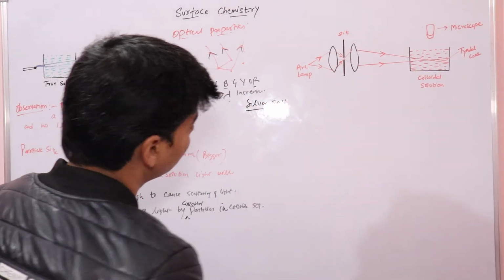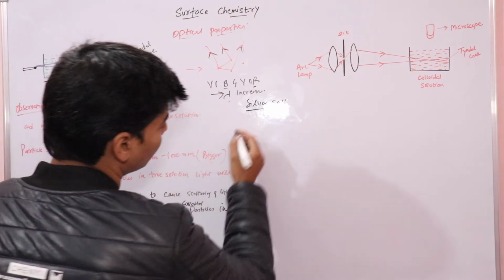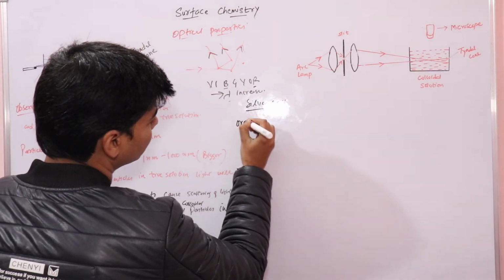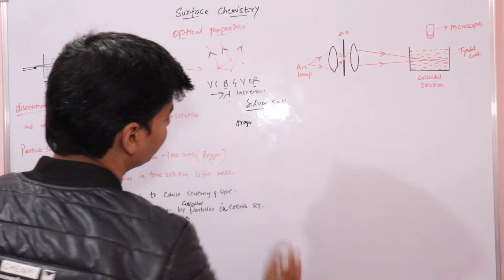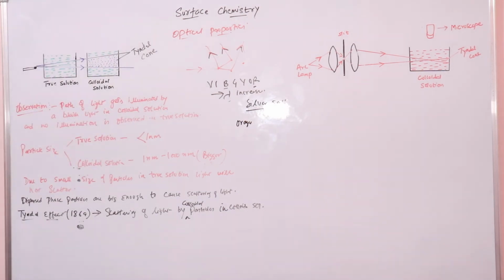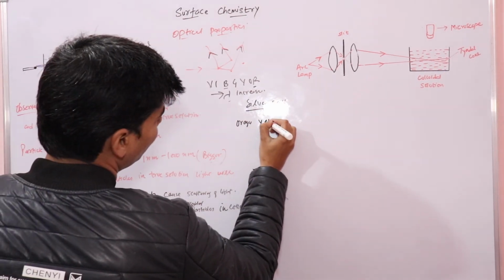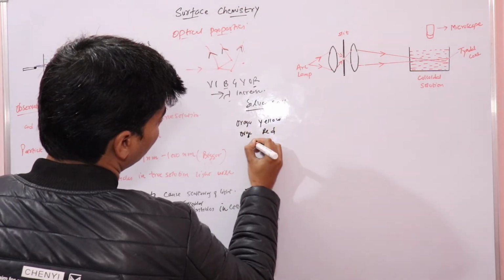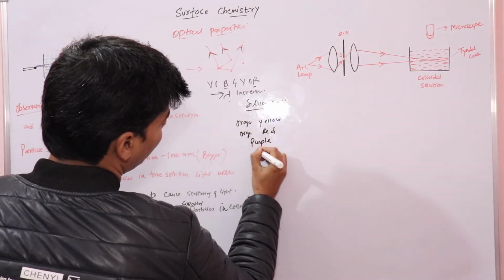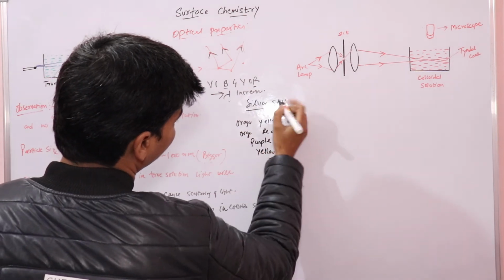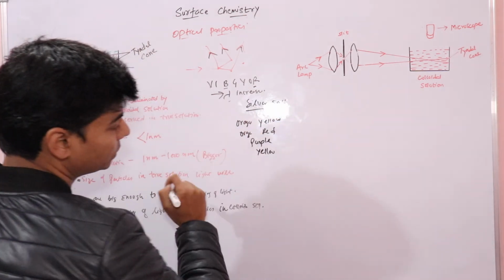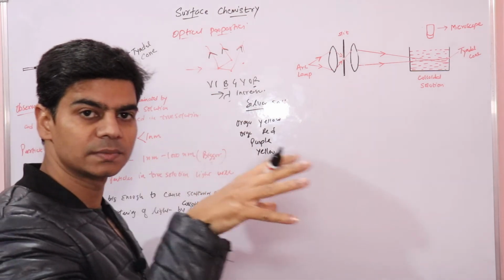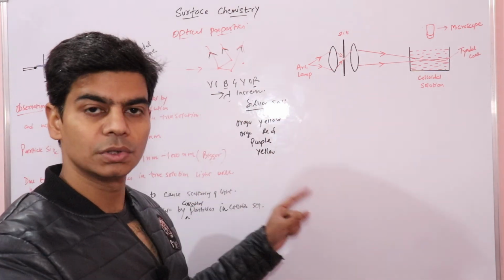If you pass a beam of light through silver sol, you will observe different colors: orange, red, yellow, purple and violet. These are the colors observed when a beam of light is passed through a colloidal solution of silver.